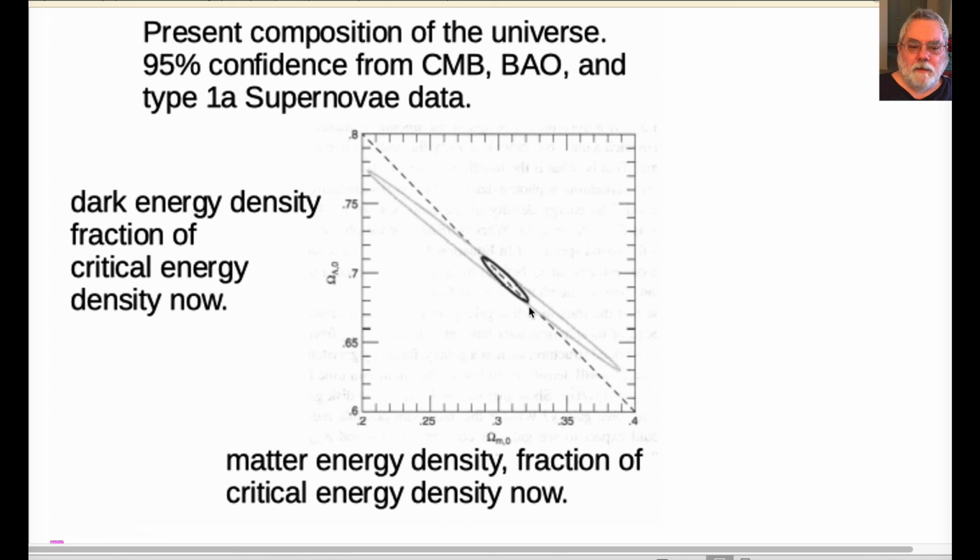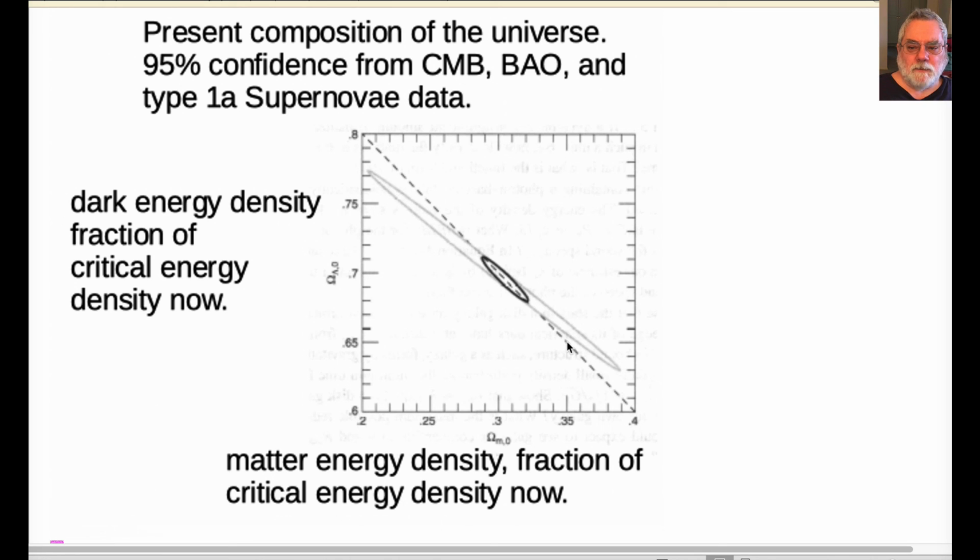The area within the black bubble is the 95% confidence level combining CMB, supernova, and BAO peaks data. The dashed line represents zero curvature, a flat universe.